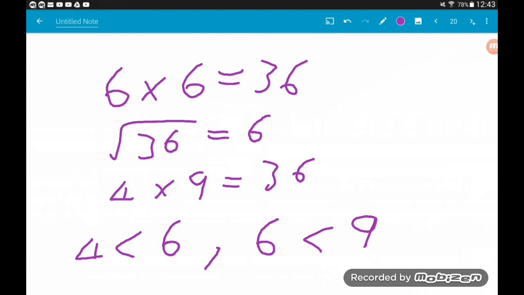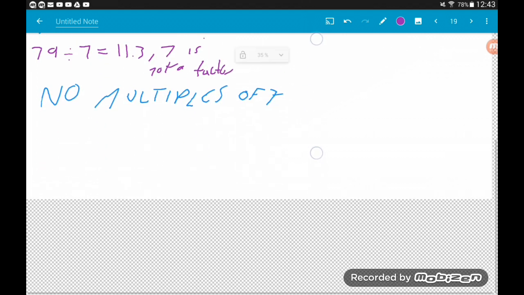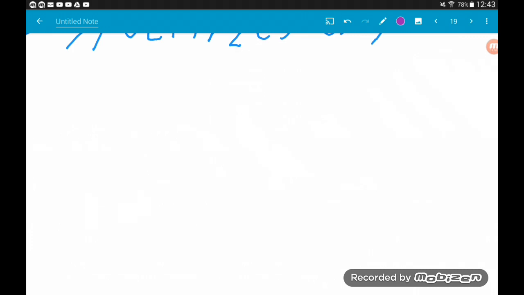So, if we go back here, let's do our proof all on one page. Let's think about the square numbers that are either side of 79. So, what's the square number smaller than 79? Well, it's 64. So we know 64 is less than 79.